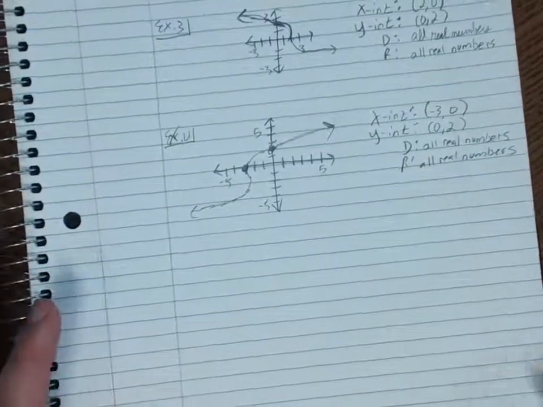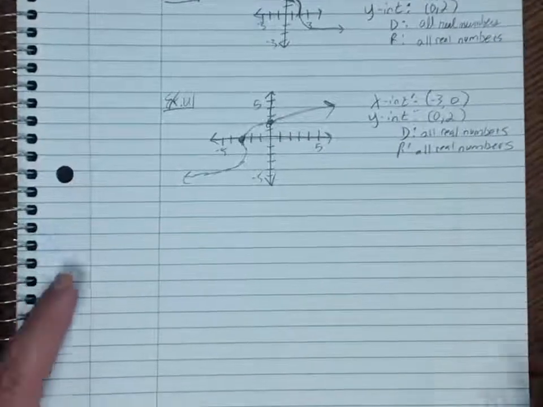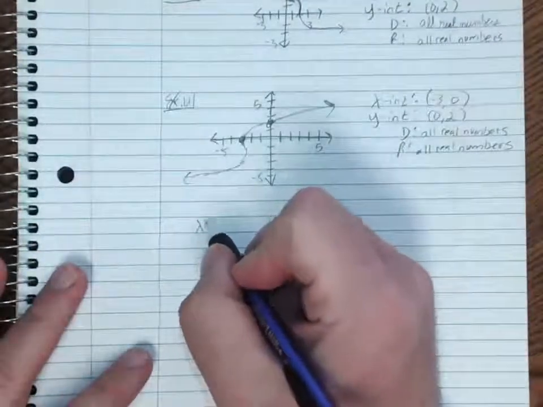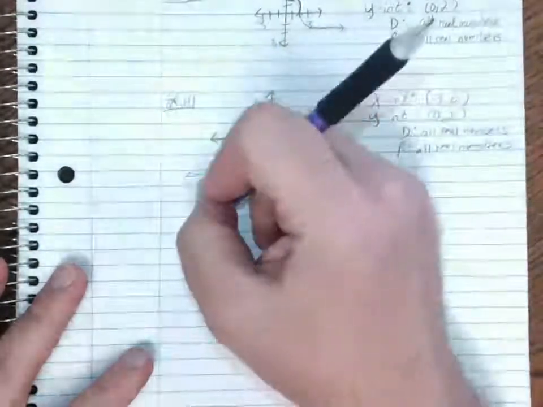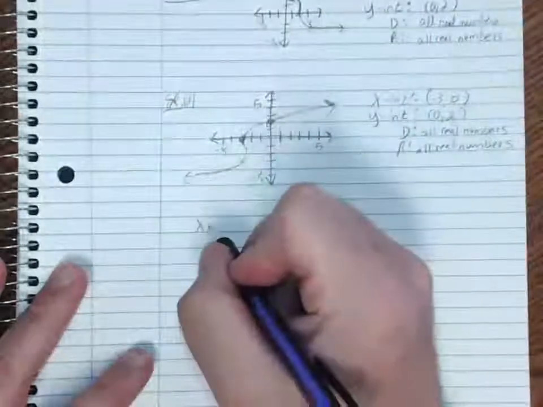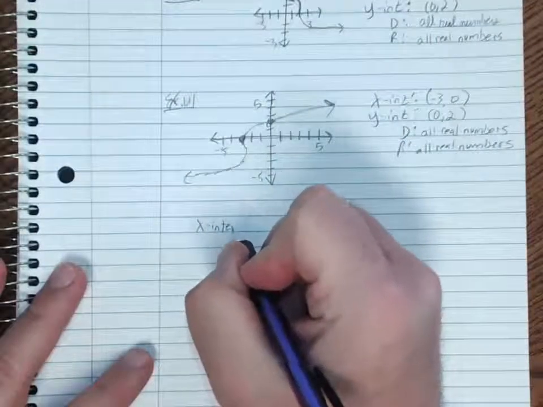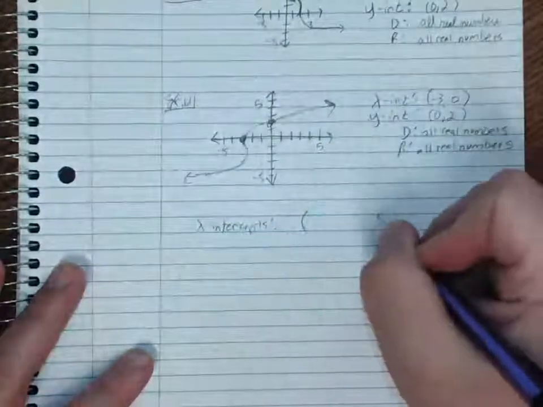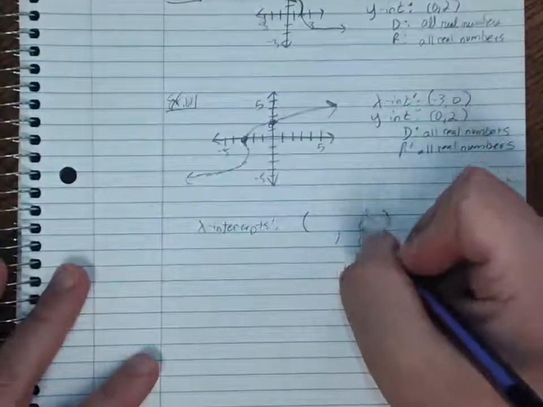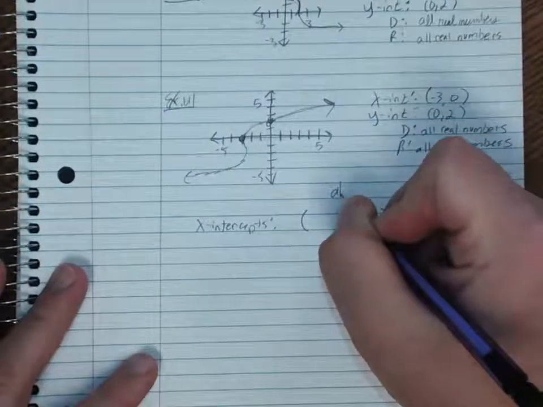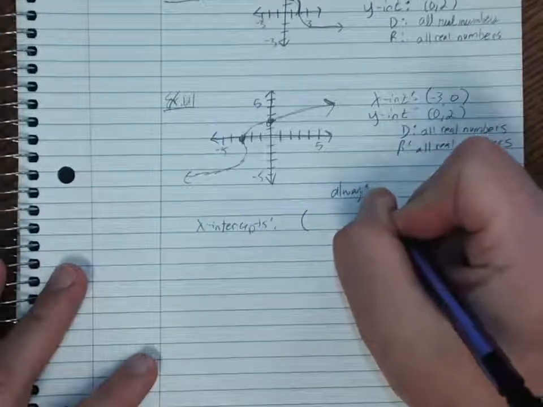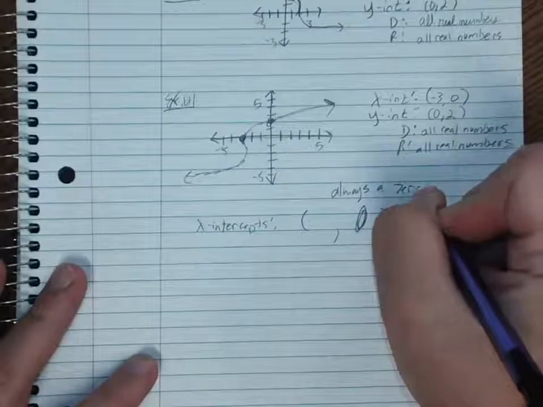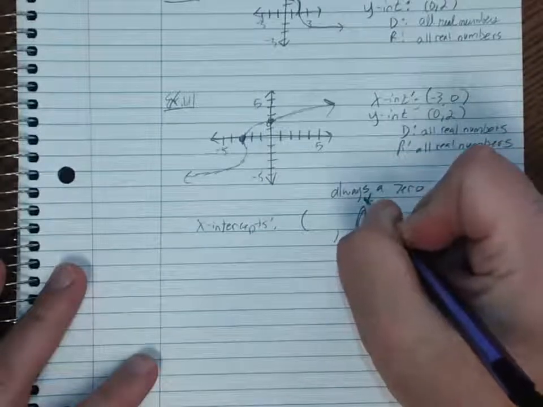And I just want to throw one other thing in here just as a reminder. For x-intercepts, I want you to remember this. For x-intercepts, they're always an ordered pair, and there's always a 0 in the y spot.